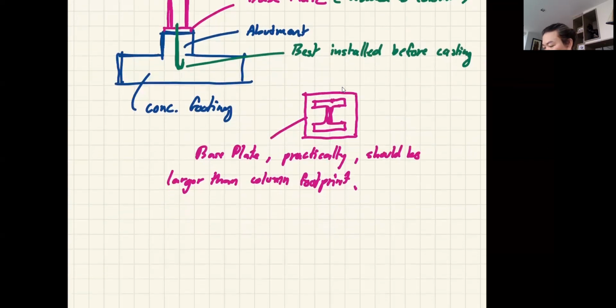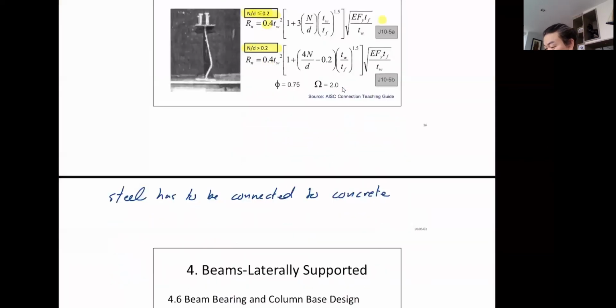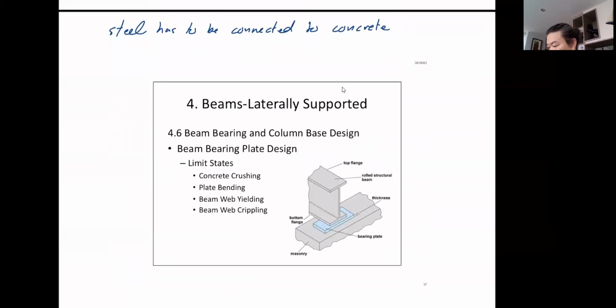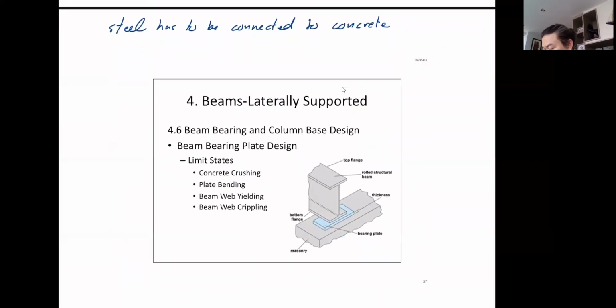So the first one, we must make sure that our concrete will not crush under the compression. We prevent this by providing an area big enough.